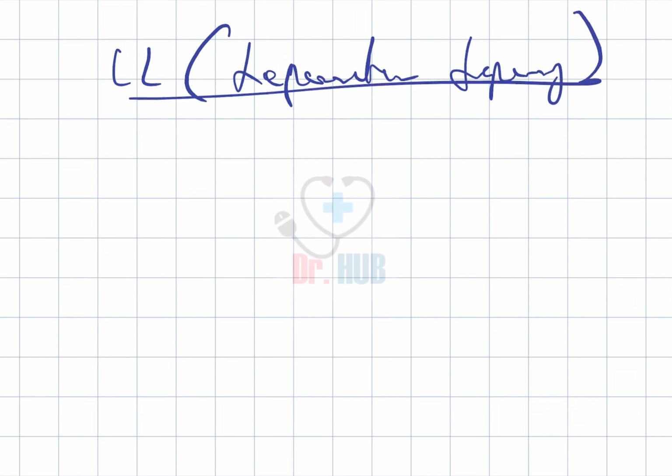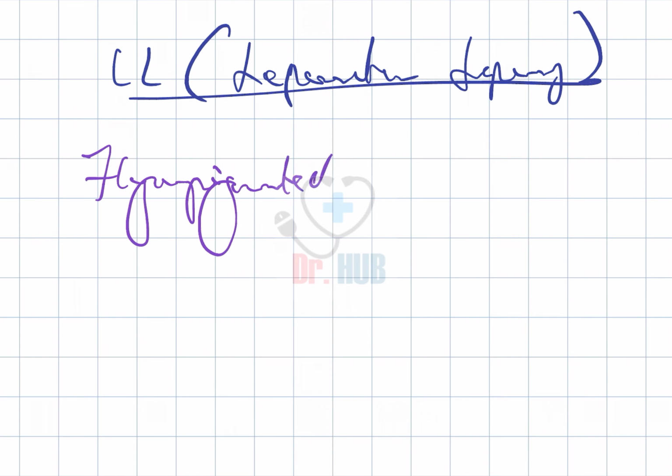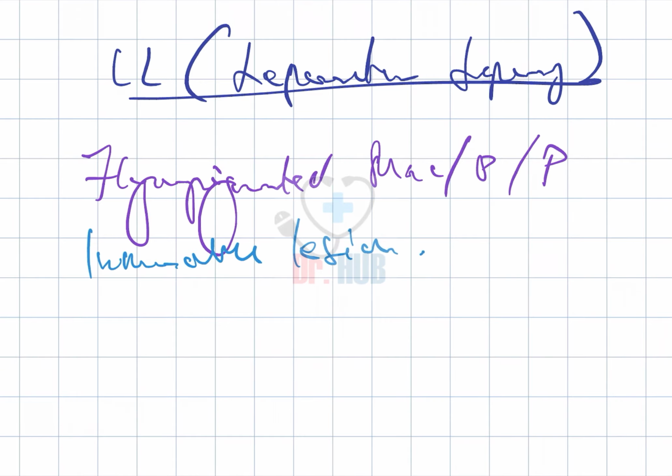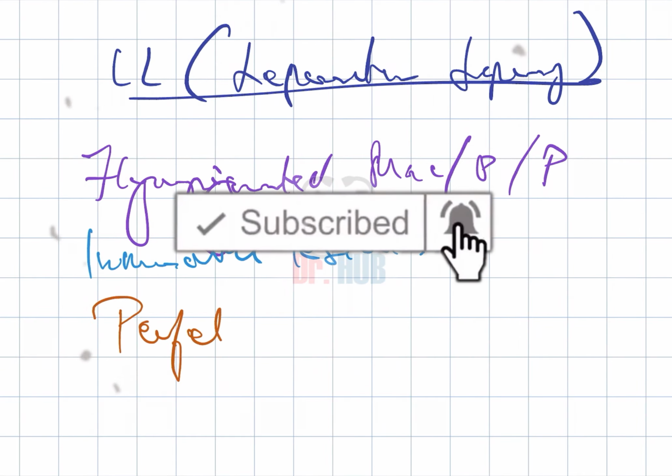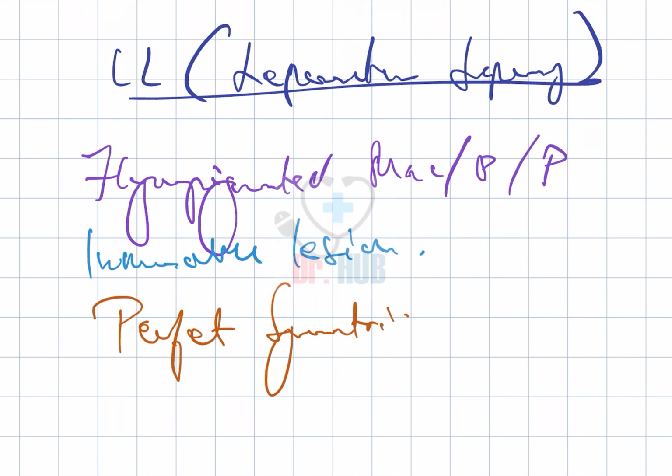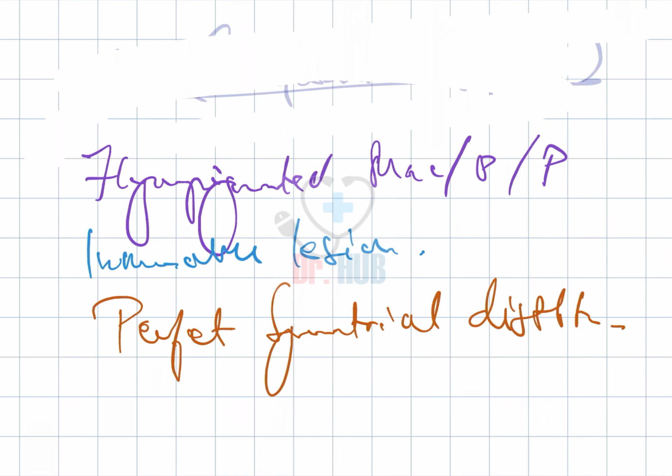Under lepromatous leprosy, there are hypopigmented macules, papules, plaques, nodular lesions, and innumerable lesions, and perfectly symmetrical distribution is seen. The size of the lesion is small, and appearance-wise it's shiny.